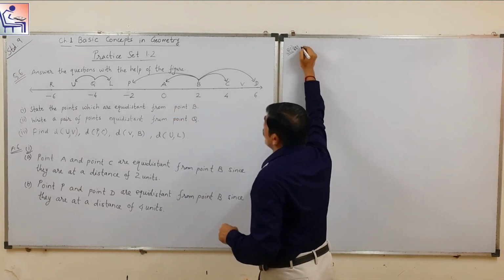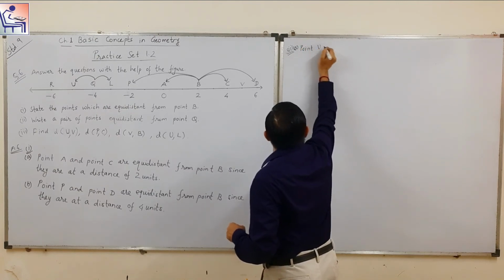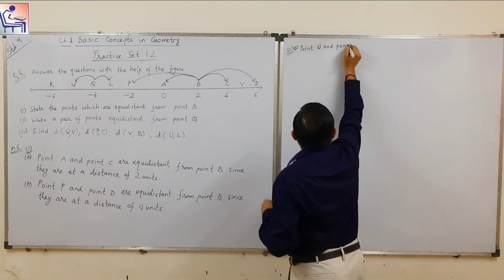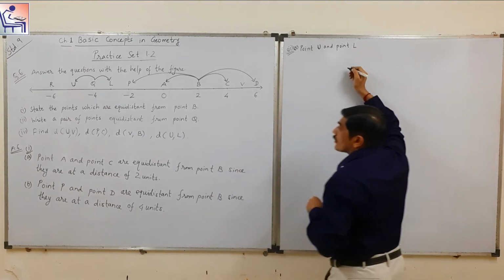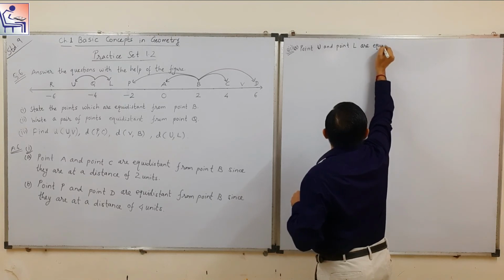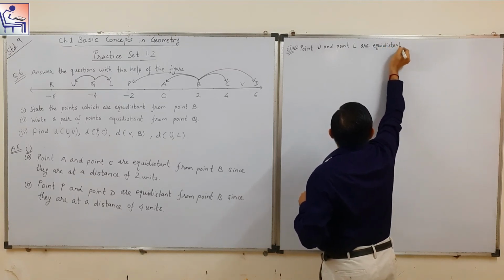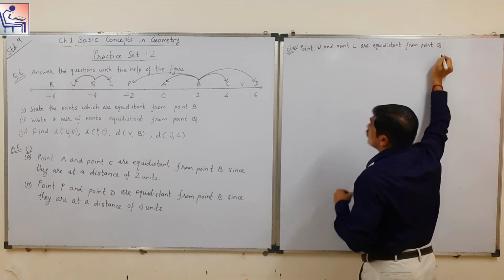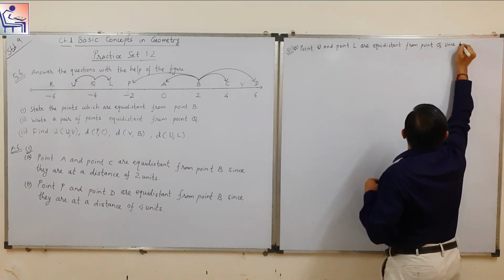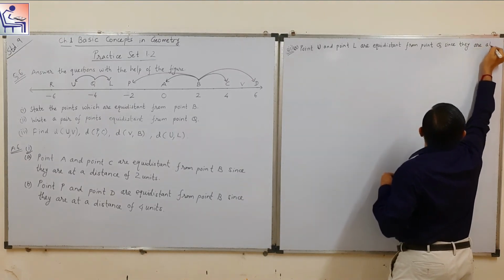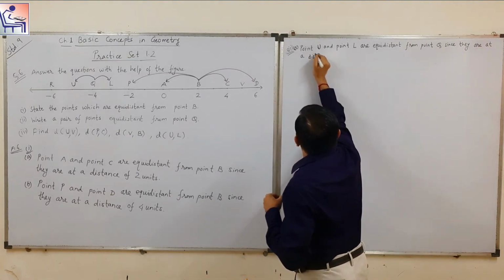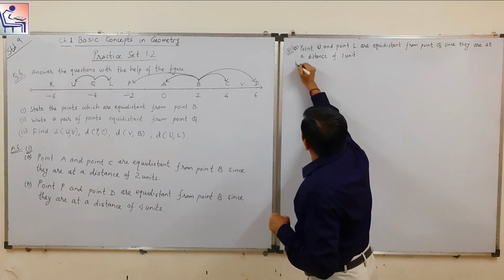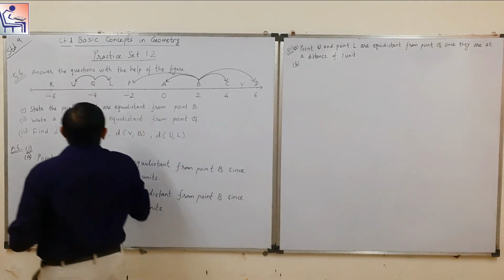So first, point U and point L are equidistant from point Q since they are at a distance of 1 unit.